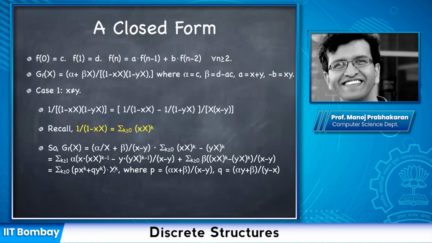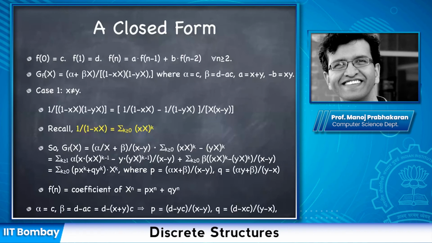And similarly for little y to the k, I will get the coefficient this one. And so Fn is the coefficient of x to the n in the generating function, which is indeed p x to the power n plus q y to the power n. And if you substitute the values for alpha and beta, you'd get back the expression that we originally had.